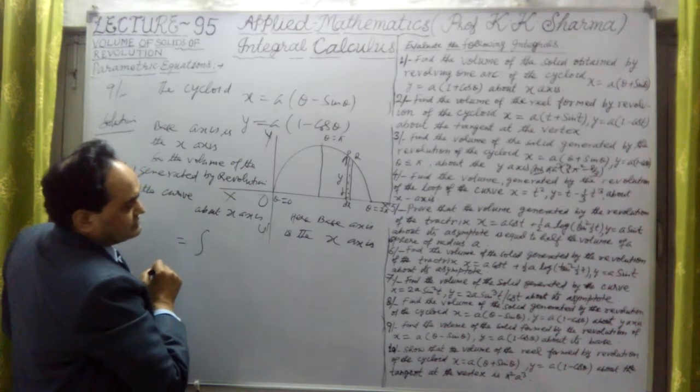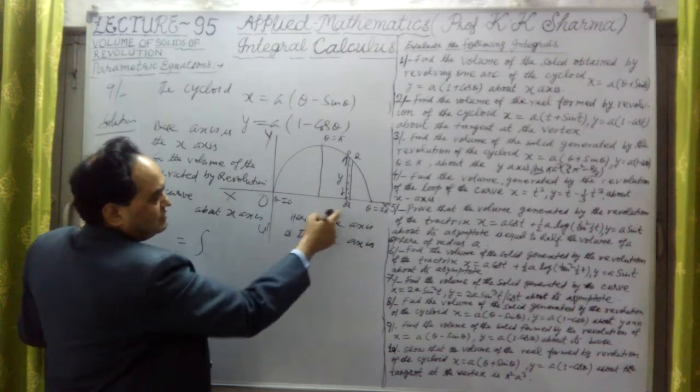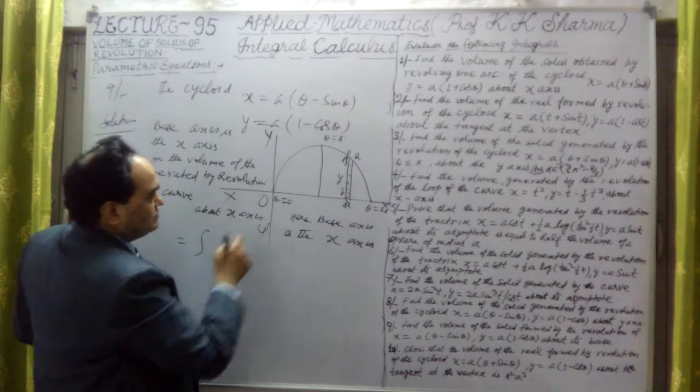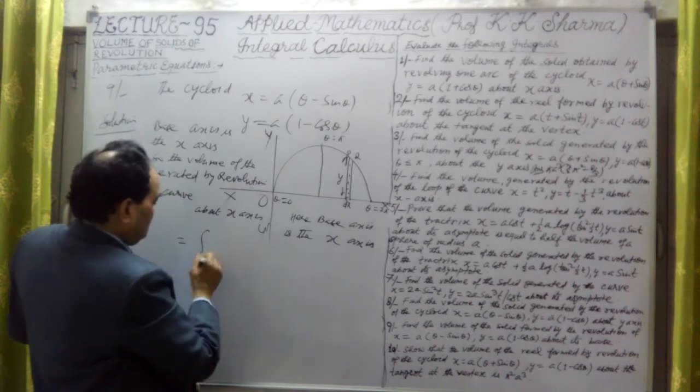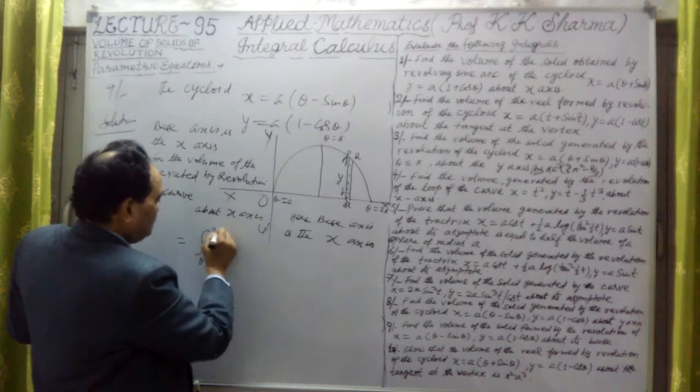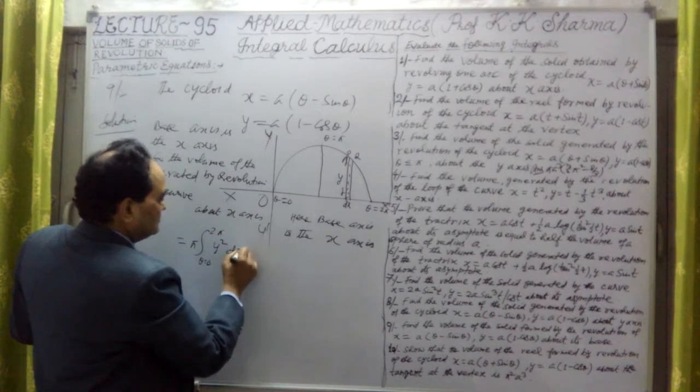if I take x, it is x to this point, but here dx, the x limits are given, theta is 0 to 2 pi. Let me take this as pi into y square into dx.